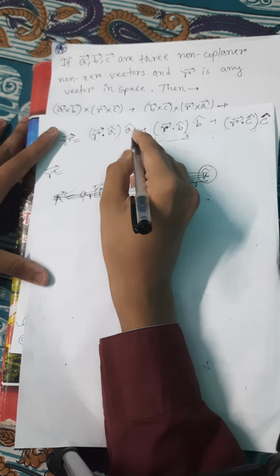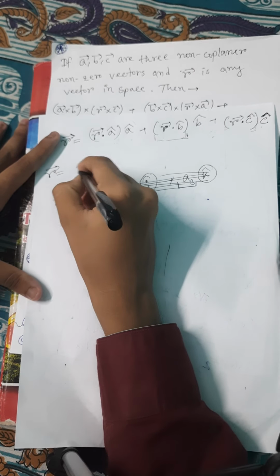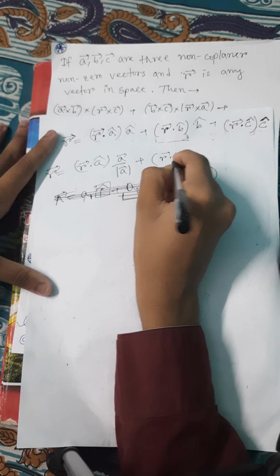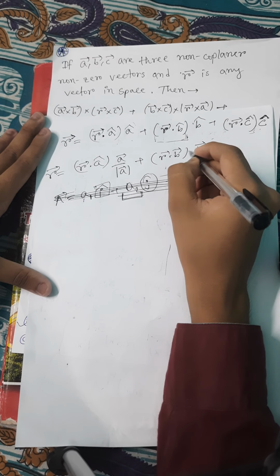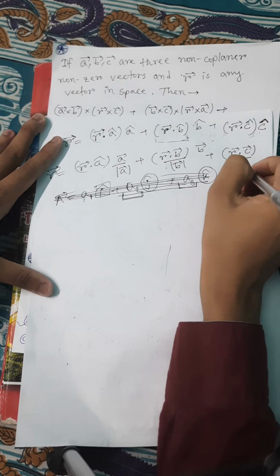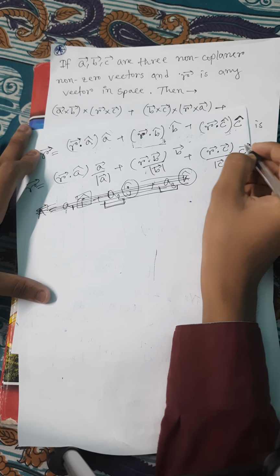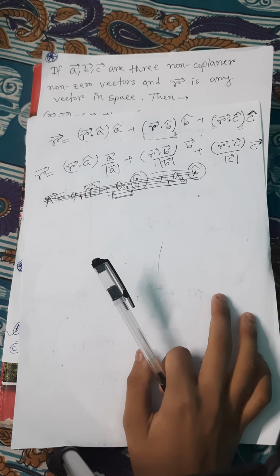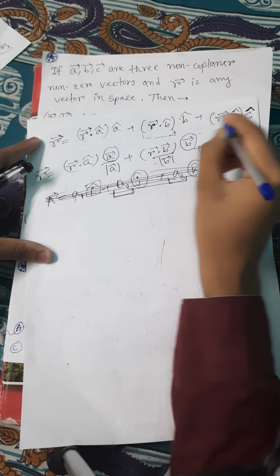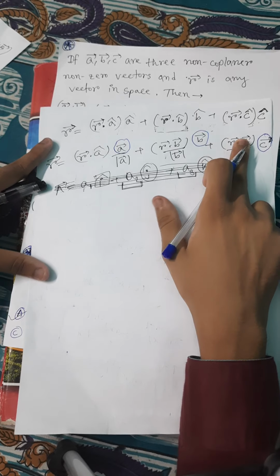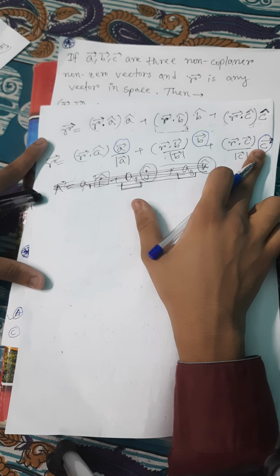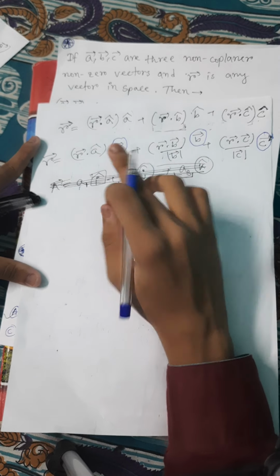Write A cap as A by mod A. So R dot A vector by mod A, plus R dot B vector by mod B, plus R dot C vector by mod C. This part is a scalar, this is another scalar, so you have written R vector as a linear combination of A, B, C, when A, B, C are non-coplanar vectors.